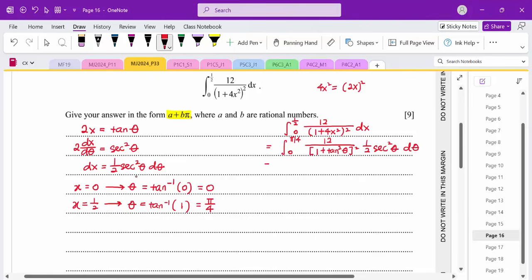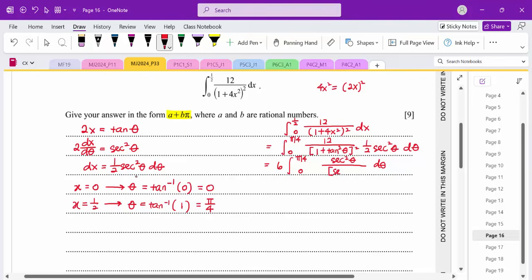Okay, so we slowly simplify our expression first before we can continue to integrate it. 12 divided by 2, you get a 6. So for me personally, I prefer to take out the constant from the integration part. Okay, I have secant squared on top, then d theta. 1 plus tangent squared, I can write it as secant squared.